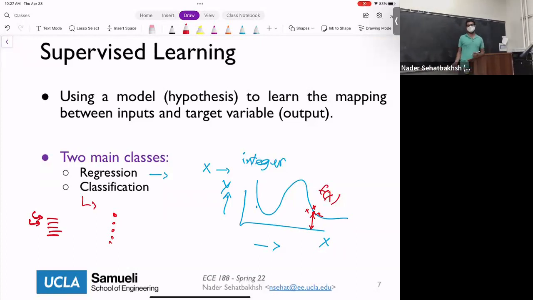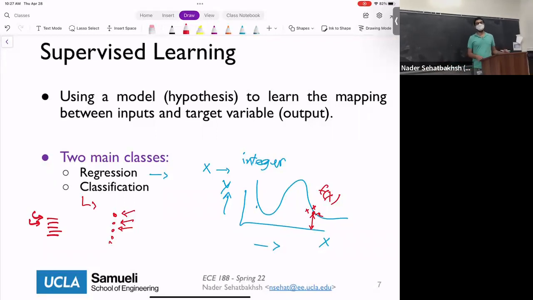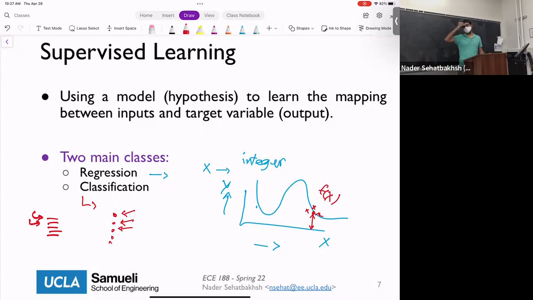In age classification, it's maybe a number between 0 and whatever, 200 or 100. So usually we have some finite number of classes, and the goal of the machine is to classify this data, saying which class this data belongs to. Okay, so that's what we usually do for classification.